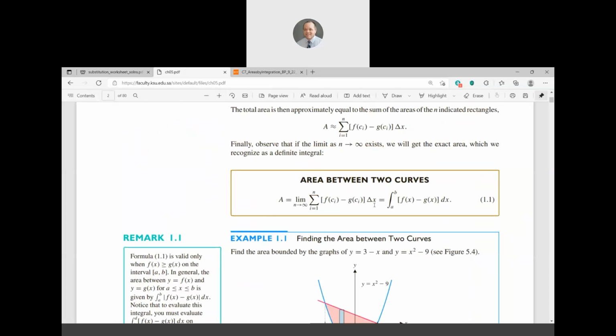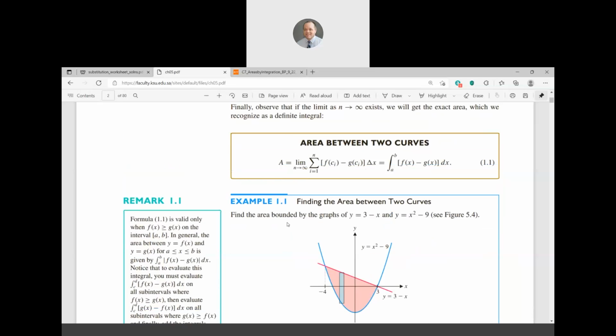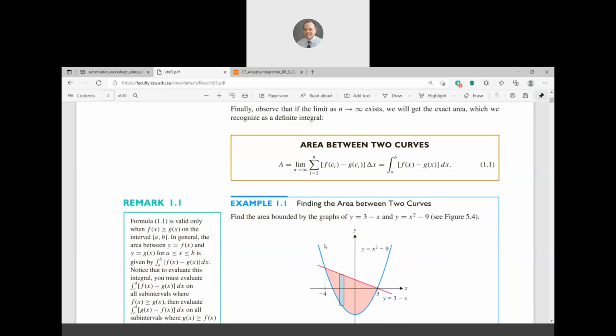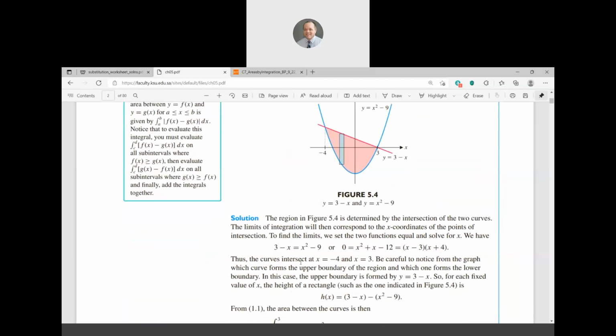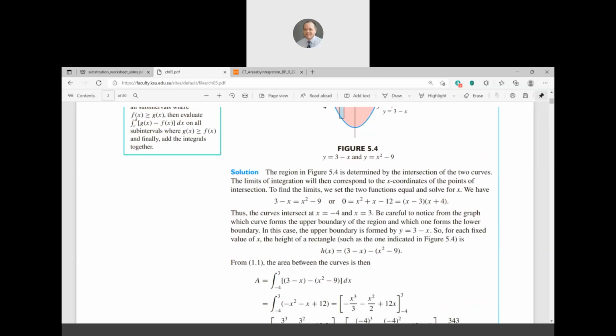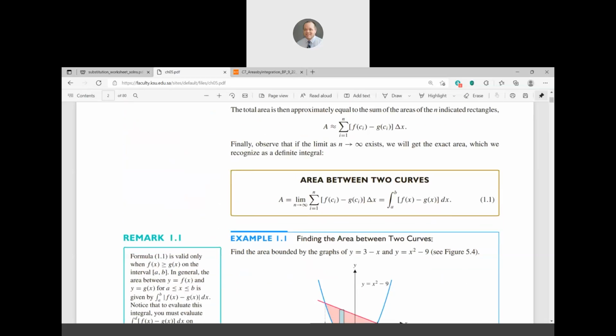Okay, if you have two functions or two curves and they are intersecting each other somehow, like you see in example 1, and you have to find the area between the two curves, we use this particular theorem.